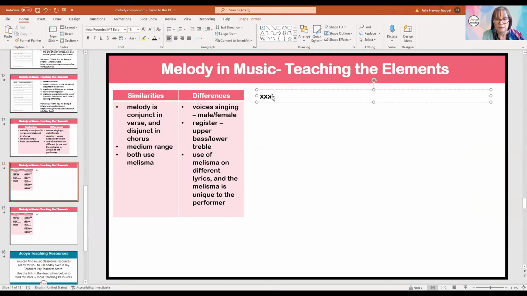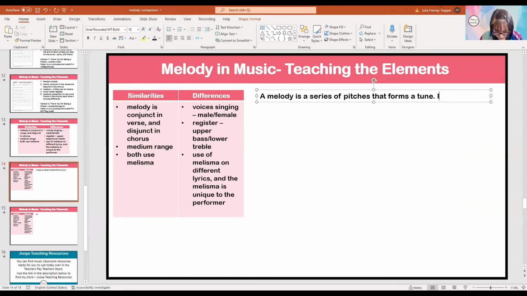Okay, and we're going to go with melody, because we've got to do our main idea: a melody is a series of pitches that forms a tune.